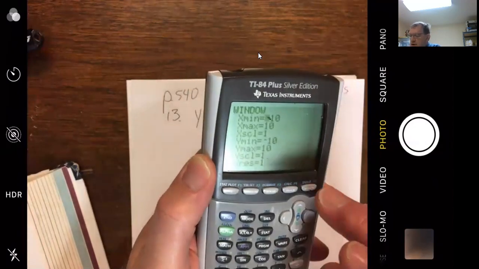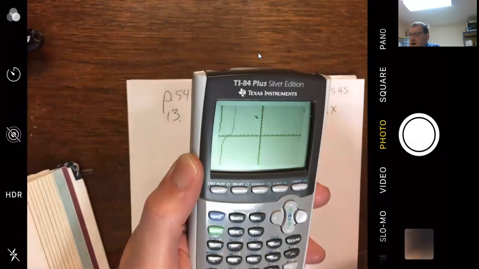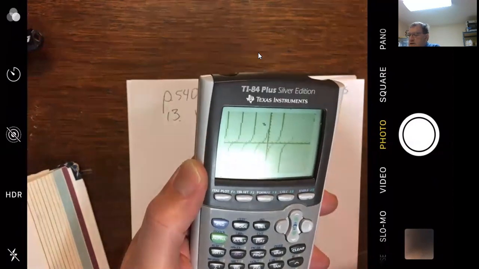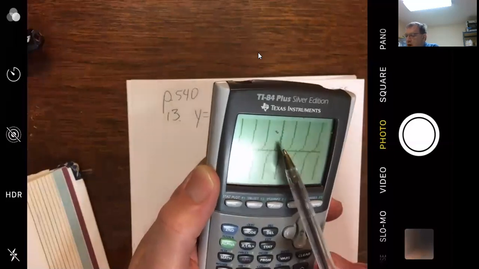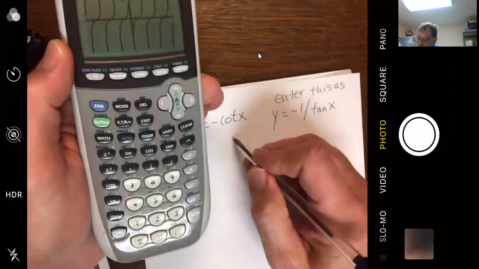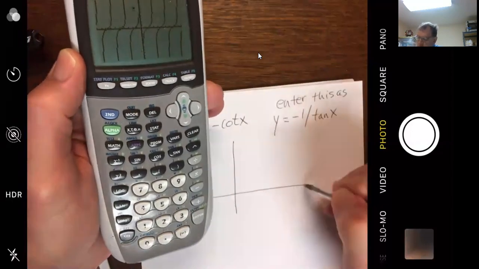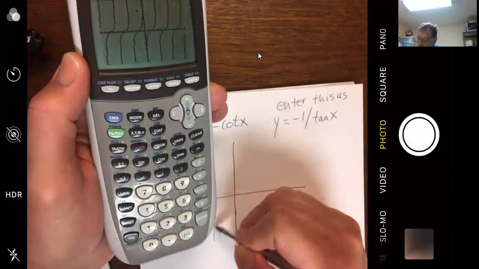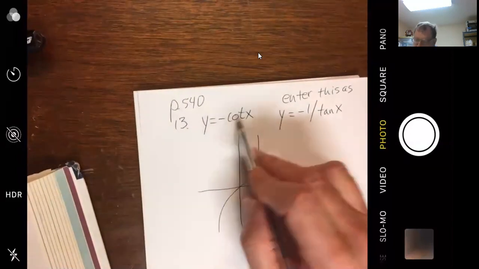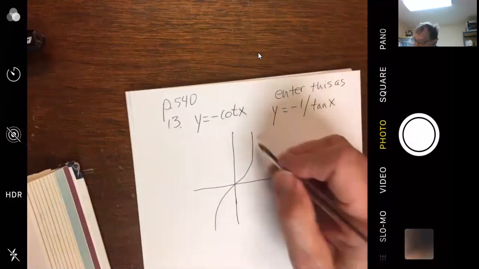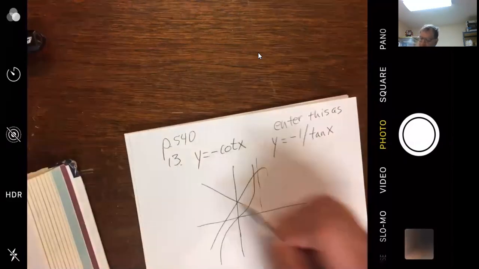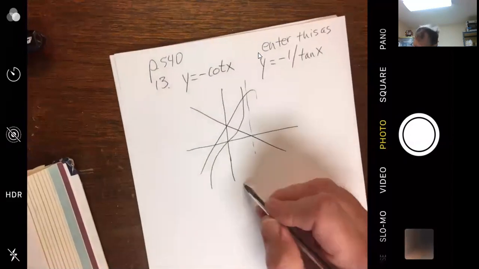We'll just keep the same window graph. Getting kind of the same kind of S curve. Looks like the y-axis is an asymptote on this. So actually, flipping upside down, making a cotangent negative, is pretty much identical to having the same thing as a tangent. Actually, I'm drawing this wrong. It doesn't go through the origin.